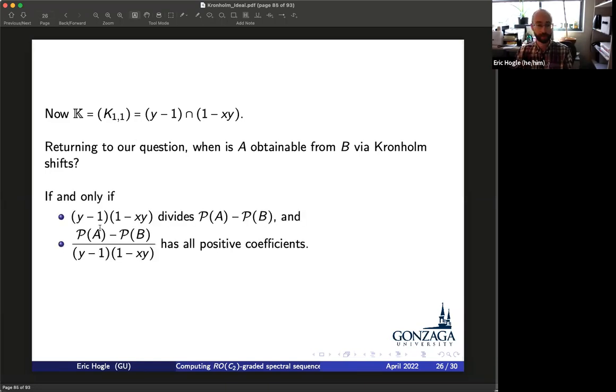Well, I just need to check if the difference in their Poincare polynomials is divisible by this thing, in which case it's in the Cron-Holm ideal, and it has to have all positive coefficients, right? The problem with an ideal is, of course, you can multiply by -1, and I don't want to say one shifted to the other, which means the other can shift to the one. It has to be going forward in time in some sense.